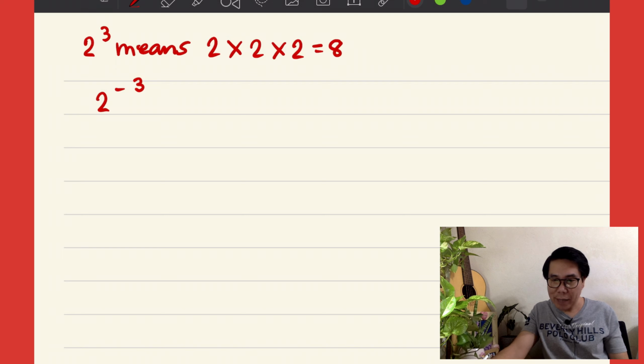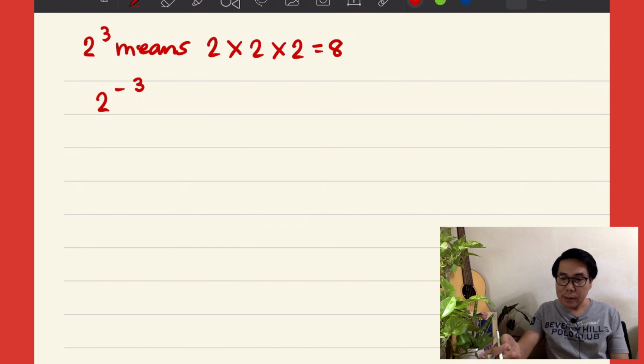Our first reaction is that it is the same as 2 raised to the power of 3, but negative. That's not correct. So you will be able to see a pattern for this.